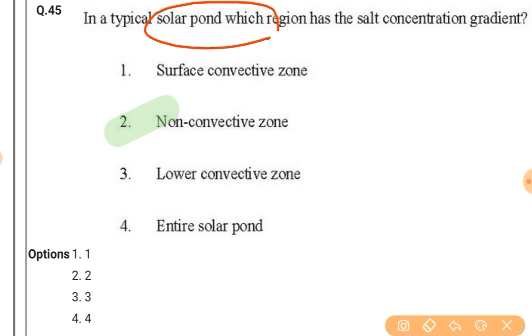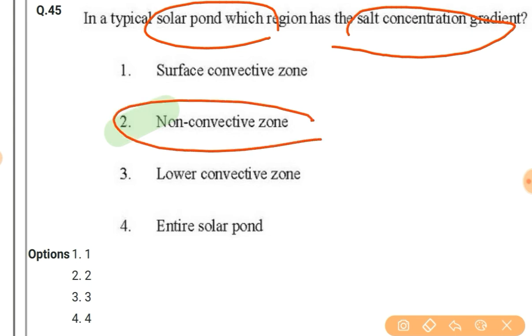So the solar pond is made in such a way that it will maintain a salt concentration gradient, and hence convection is prevented. The non-convective zone will not have any convection current, so the heat will not be lost and a maximum level of energy will be captured to convert it to some useful energy.